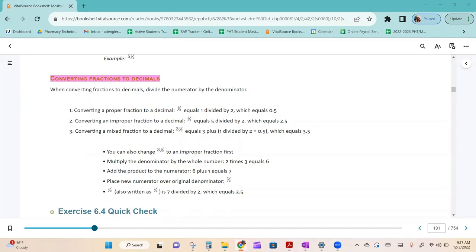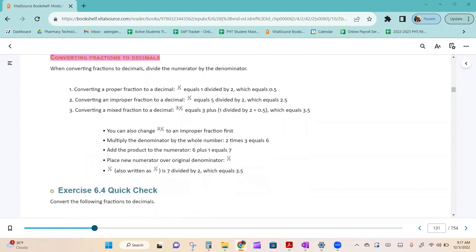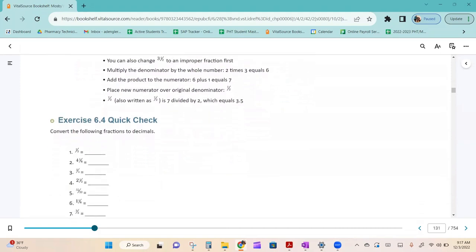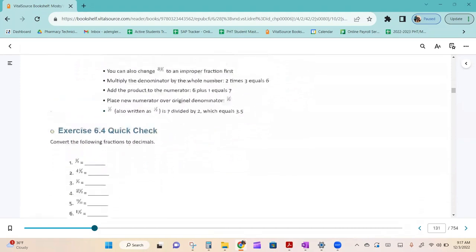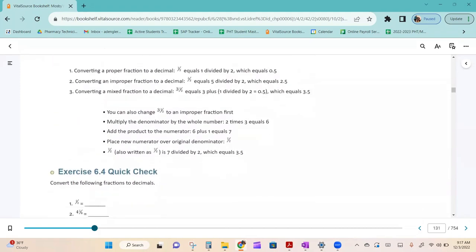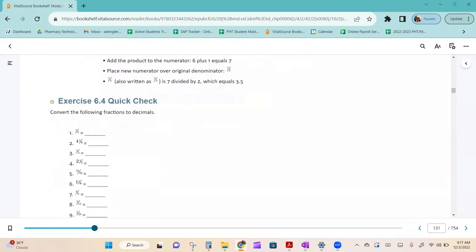Okay, so number one here says converting a proper fraction to a decimal. So we are going to divide the numerator by the denominator. So they already did 1/2 in the example, which is 0.5.